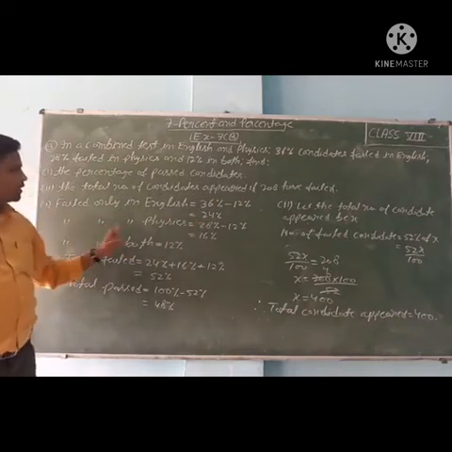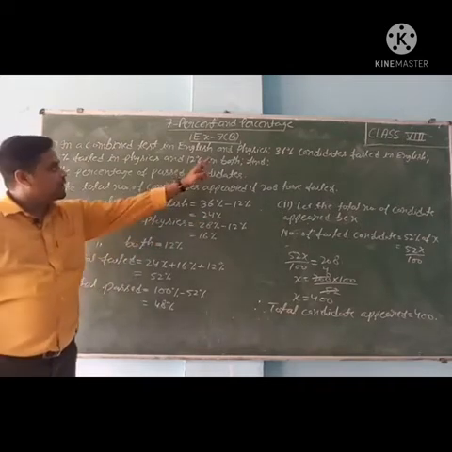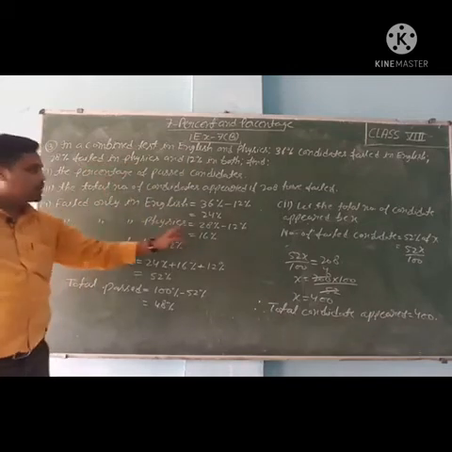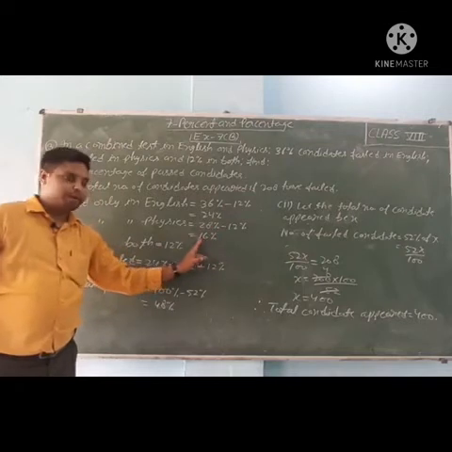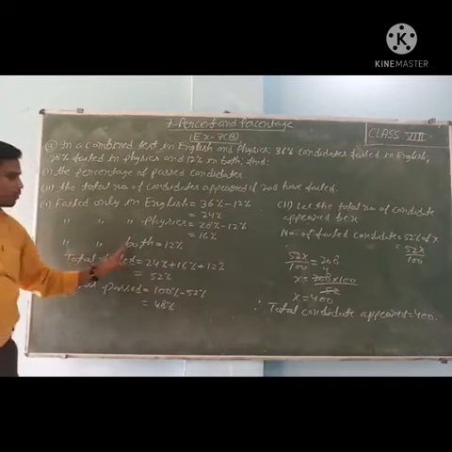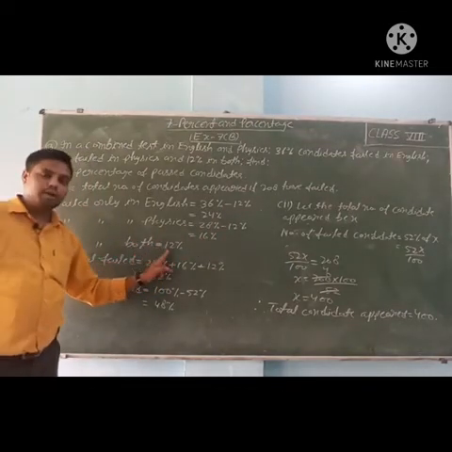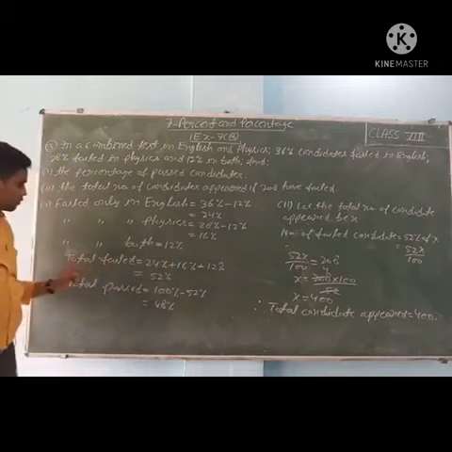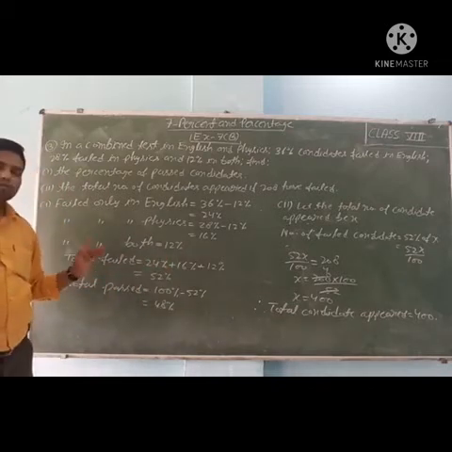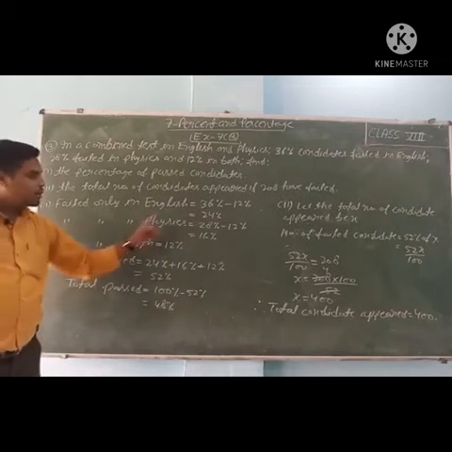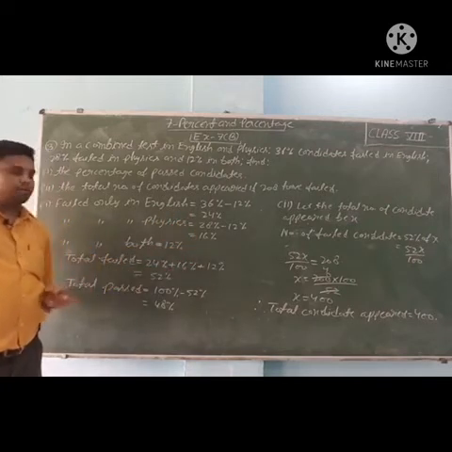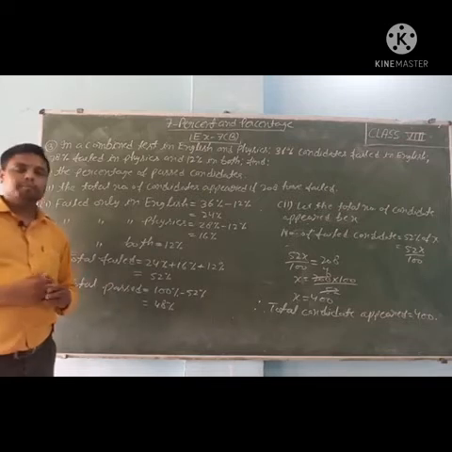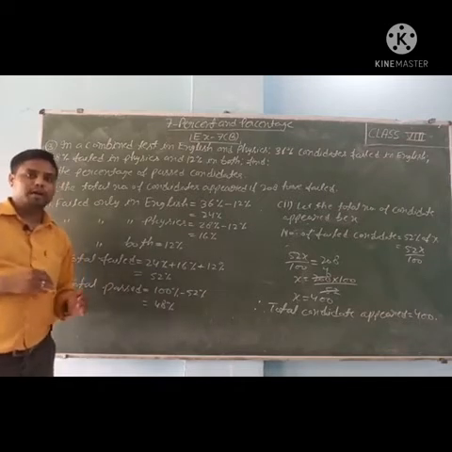Failed only in physics: 28% failed in physics minus failed in both. It is coming 16%. Failed in both is given, equal to 12%. So the total failed candidates are 24% plus 16% plus 12%. It is coming 52%. So 52% candidates have failed.